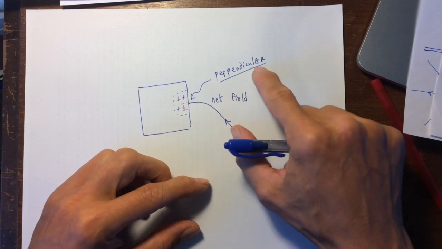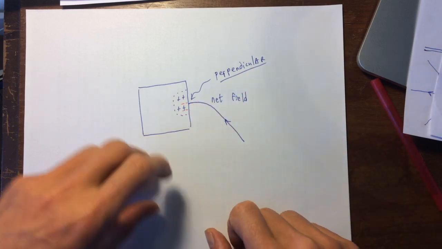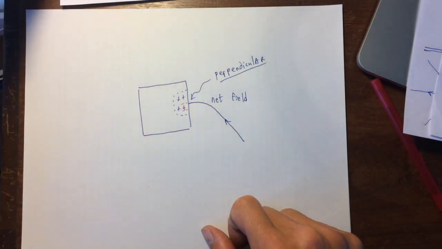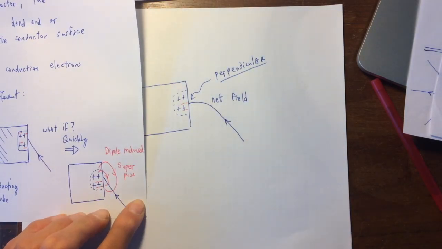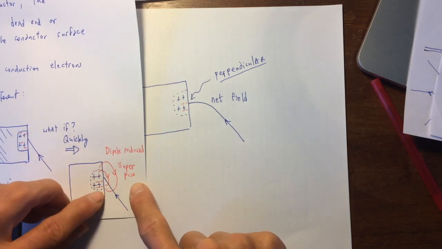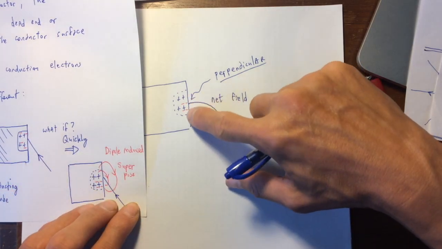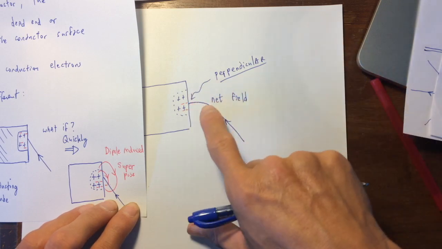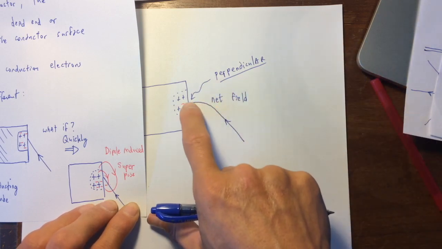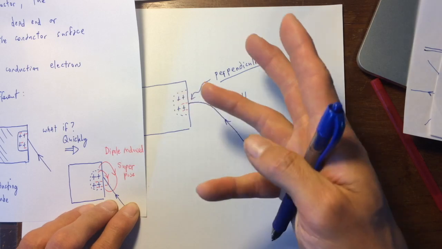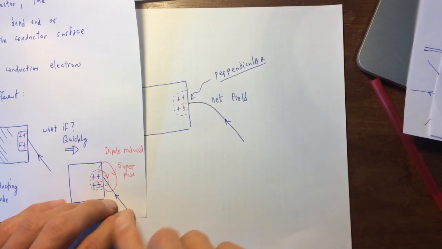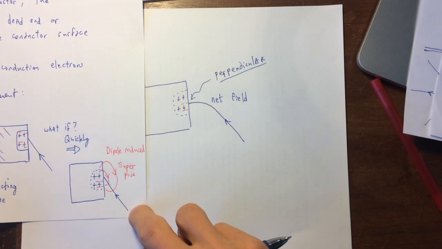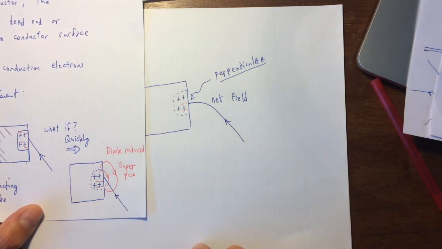The net electric field ends up being perpendicular to the surfaces of conductors, because conductors can induce small dipoles, and the dipoles will show up with their fields until the charge separation causes the net field to be unable to cause any more induced dipole, and that's really confusing. But yeah, so this is the argument.